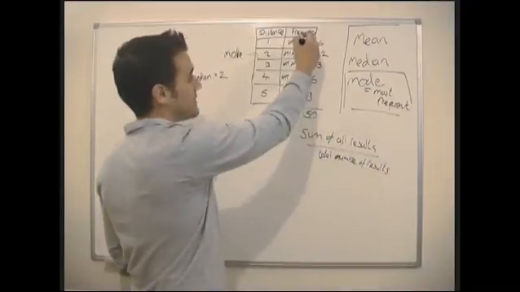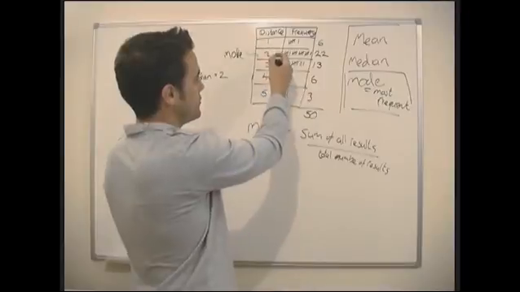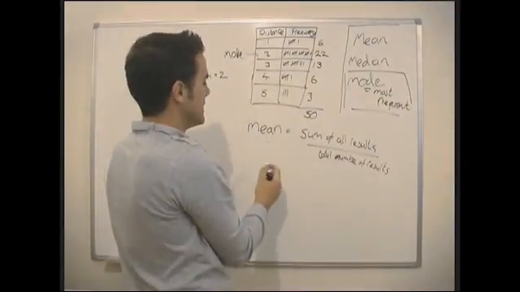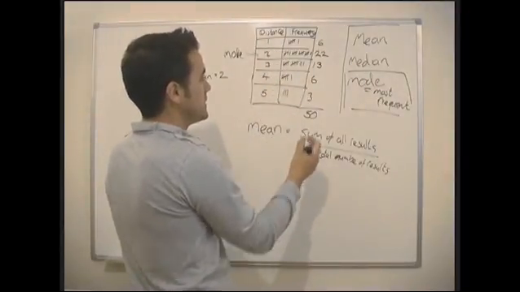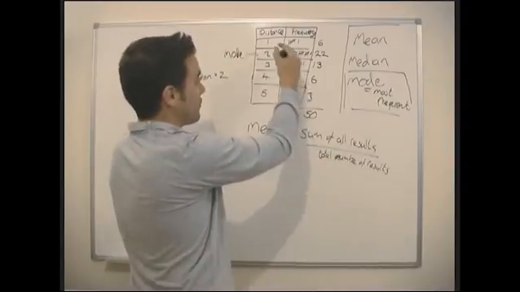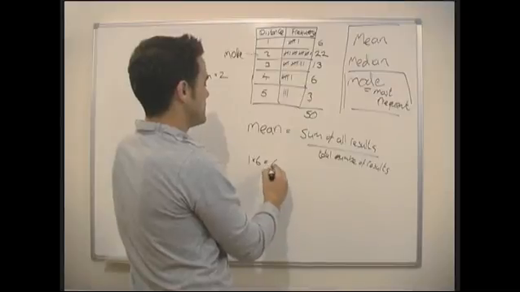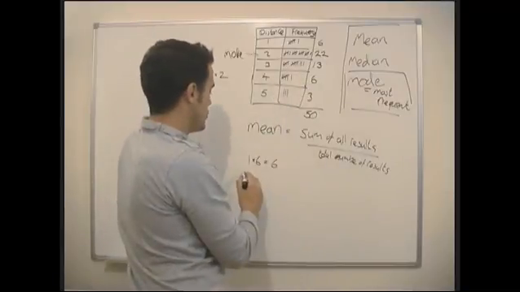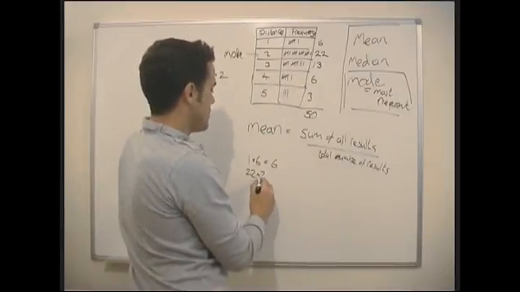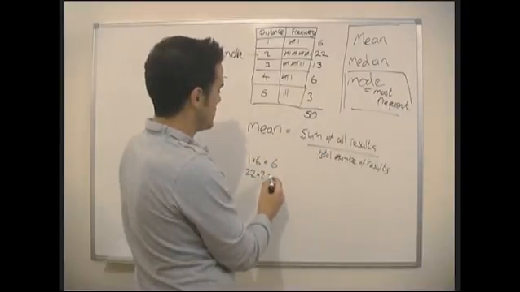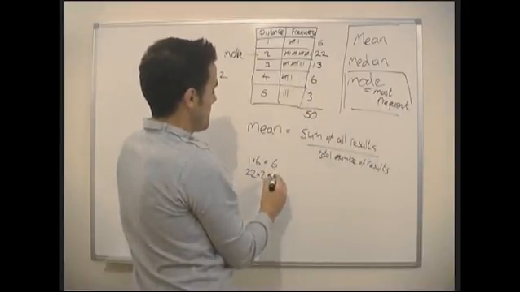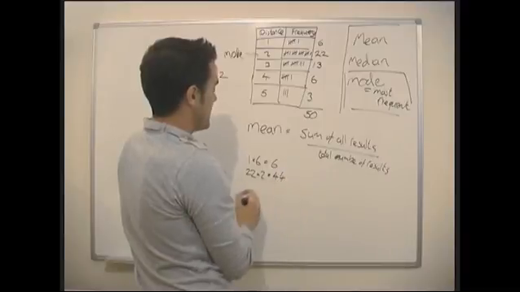Okay, so in this case I'd have to add all of these up, the 1s and the 2s and the 3s and the 4s and the 5s, and divide them by 50. So I've got 6 1s, so 1 times 6, that's 6. I've got 22 2s. If I wrote them all out, I'd have 44 if I added all of them together.